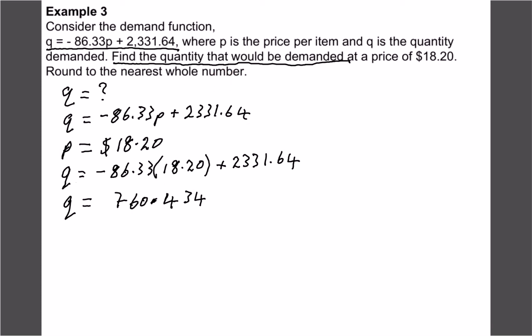So we have Q equals, our whole number ends at 0. That's the ones position. You check the next digit. The next digit is a 4. Anything from 4, 3, 2, 1, or 0, you leave it the way it is. So we'll have Q equals 760. So that will be the quantity demanded.